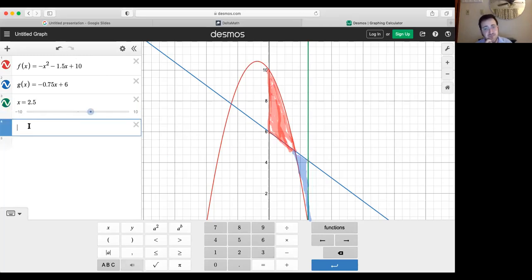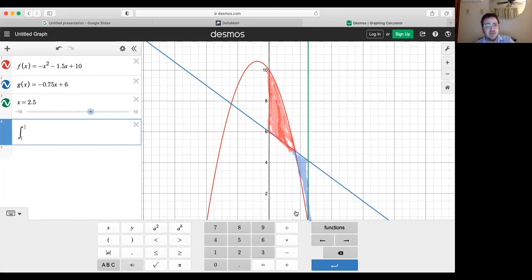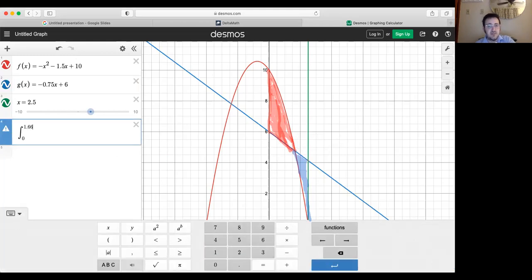Okay. So let's actually make the two integrals here. So the first integral, we're going to do the red one. I know for sure that our lower limit is 0. And then we're intersecting at 1.66. So then we ask ourselves, what's on top and what's on bottom?